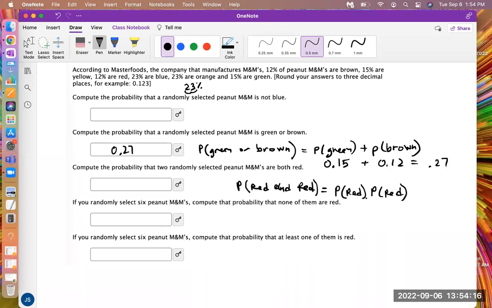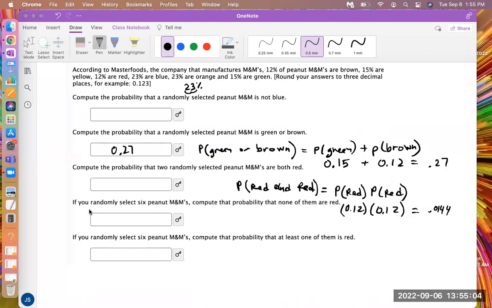And it sounds like perhaps we are randomly choosing from a very, very large amount of M&Ms, so we can just assume that they're independent events as well. So the probability of red is 12%, so 0.12, and then times the probability of the second one being red, 0.12. So you get 12 times 12 is 144, and then it's going to be over 4 decimal places, so 0.0144.